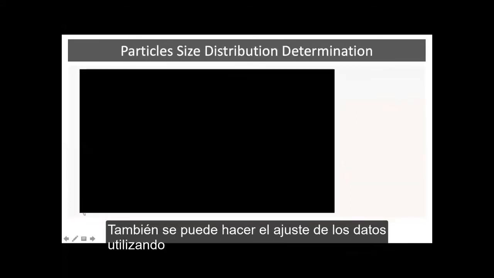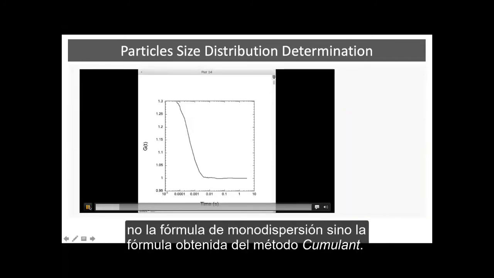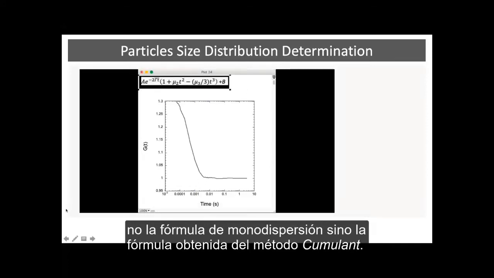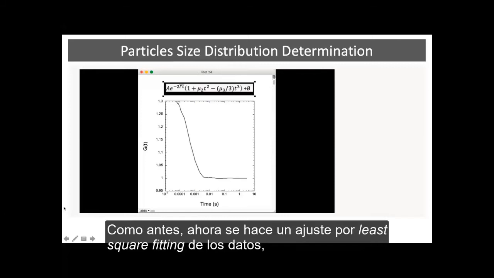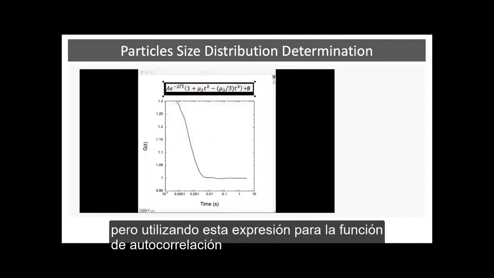Now, you can also do the data fitting using not the monodisperse formula, but the formula obtained from the cumulant method. In the same manner as previously, you do a least square fitting of the data, but using this expression for the autocorrelation function.